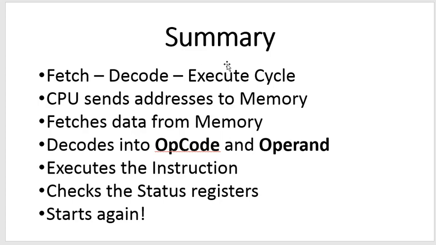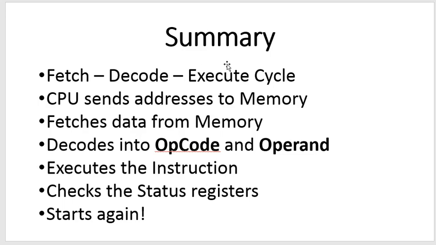The decoding cycle is the process where the instruction is decoded into the opcode and the operand. And the operand is actually the address which is moved into the memory address register. Once we know where the instruction is in memory, the execution of the instruction will occur, and then we check the status register.